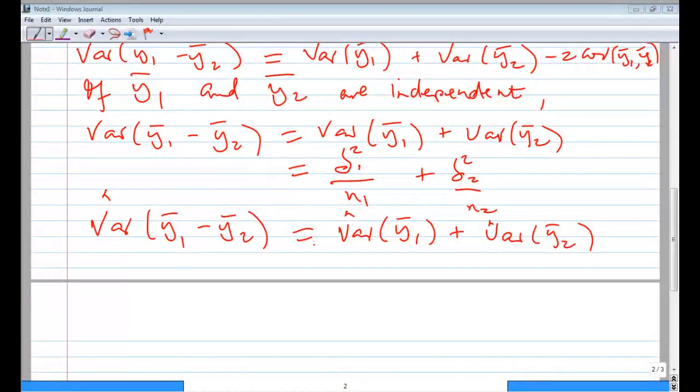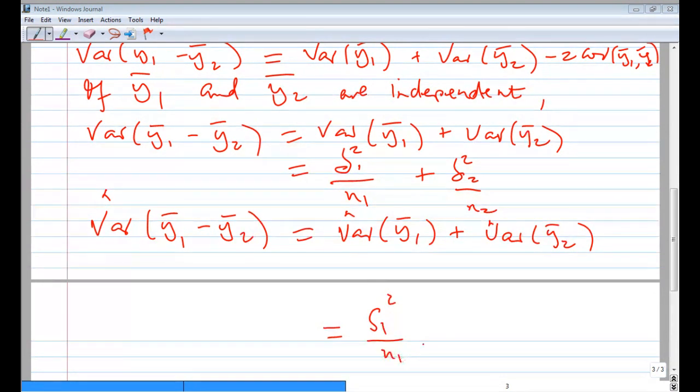Let me just write it here, which is equal to s1 squared over n1 plus s2 squared over n2.